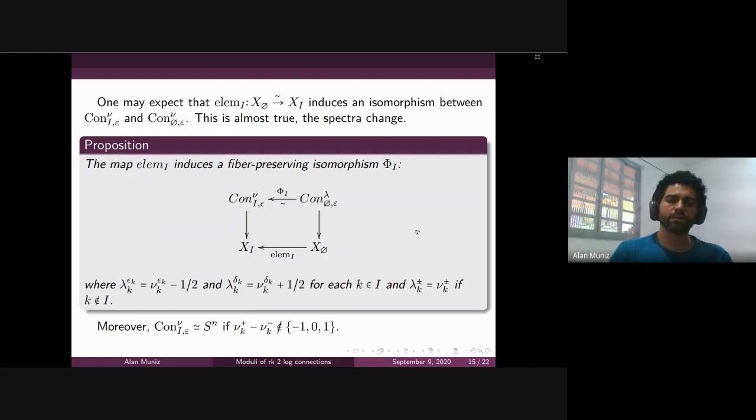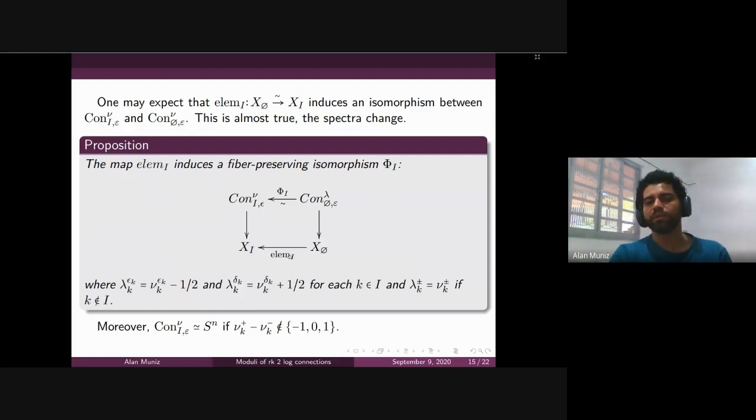And this map phi i is just the pullback of the connection by this map.